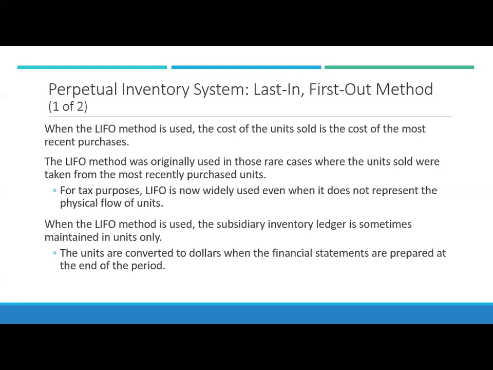For example, a grocery store could elect to use LIFO if they really wanted to, and they could maybe save some money on their taxes, but it's definitely less common in a clear situation such as that. Inventory cost flow assumptions don't actually have to represent the physical flow of goods. But if there's a clear physical flow of goods, it probably should.